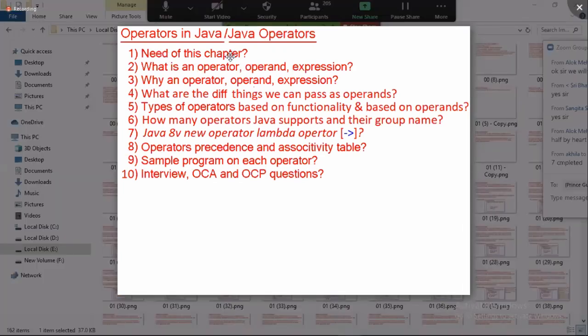What is an operator? What is an operand? What is an expression? Why an operator? Why an operand? Why an expression? What are the different things we can pass as operands? Types of operators based on functionality and based on operands. Based on functionality 3, based on operands also 3. How many operators does Java support? 40, and their group names, 12 group names are there. Java 8 new operator, that is lambda operator arrow.